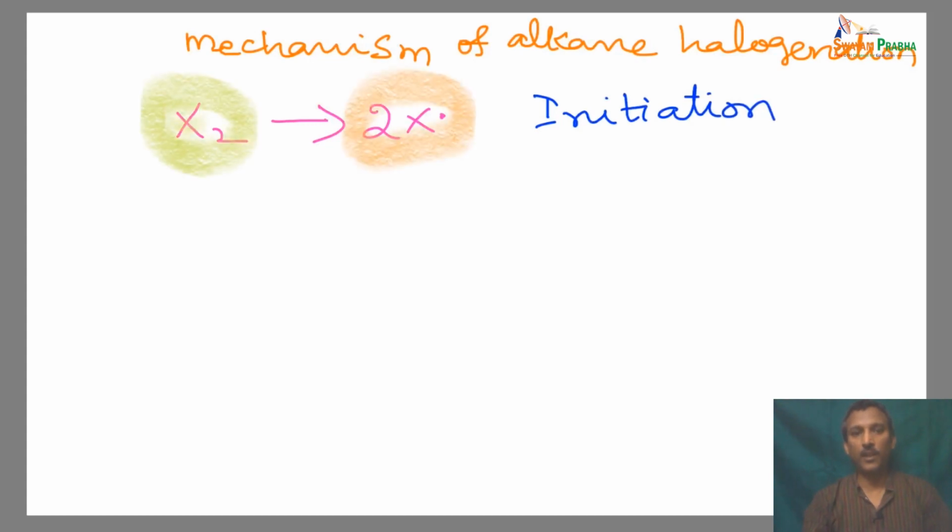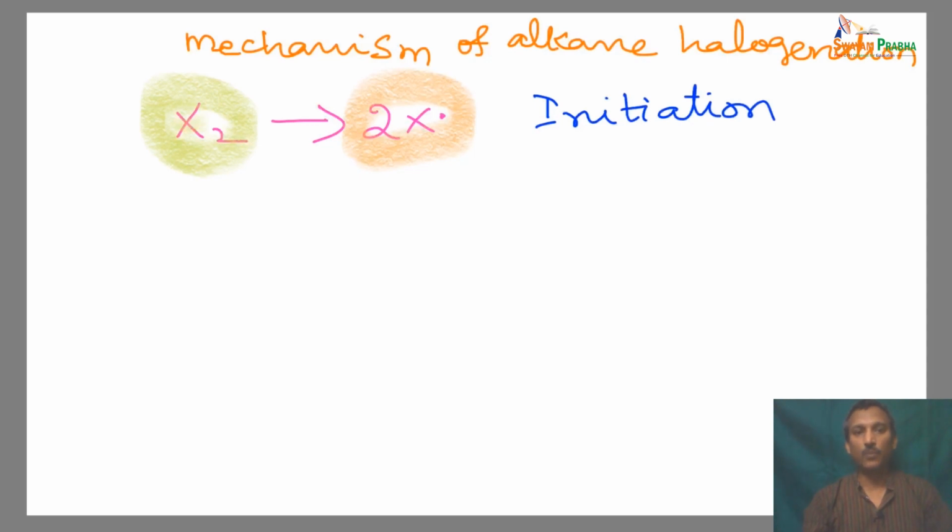In this particular case, the halogen is homolytically cleaved to give two halogen radicals. This is the initial stage, or the initiation reaction. The alkane halogenation reaction is a free radical reaction.